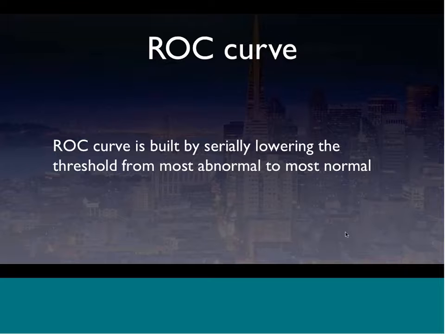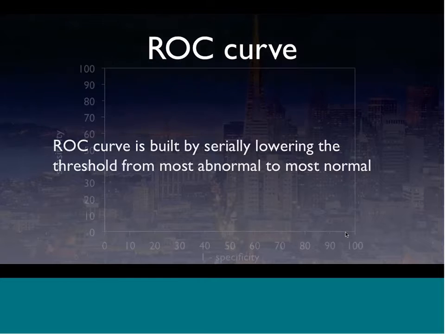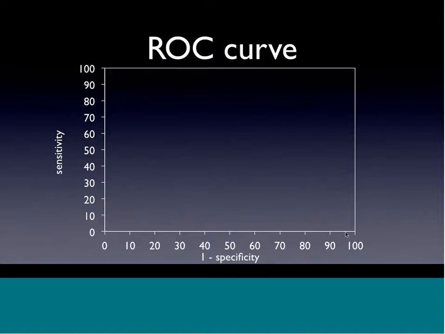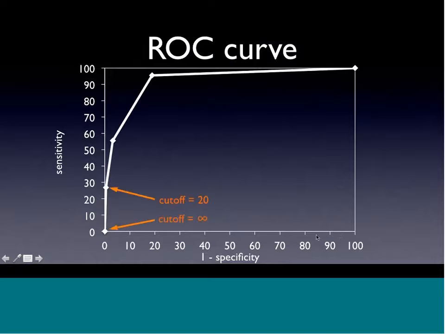And the way we build it is by serially decreasing or lowering that threshold from most abnormal to most normal. So let's look at the plot here. We're going to have sensitivity and 1 minus specificity from 0 to 100, from 0 to 100. And we do plot now the different cut points.